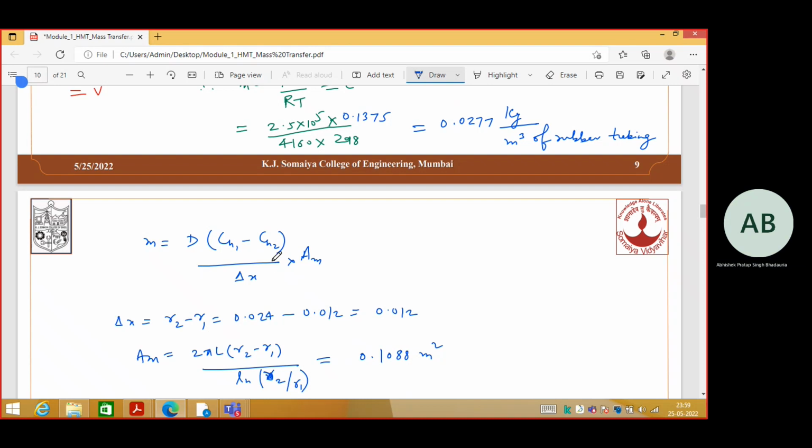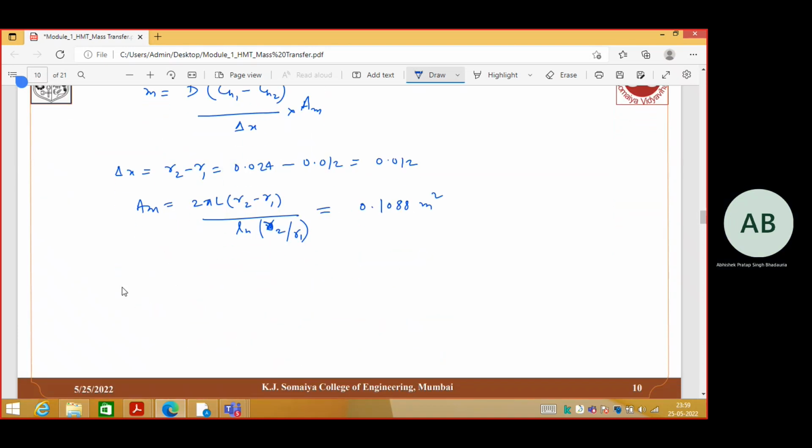First of all, the value of D. The diffusion coefficient of hydrogen is given in the problem itself as 2.1 into 10 to the power minus 8.